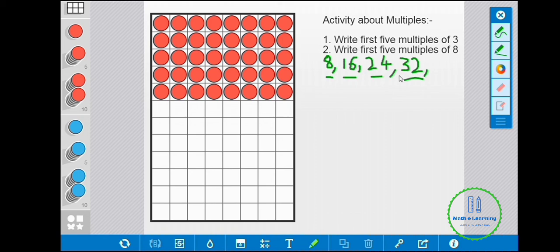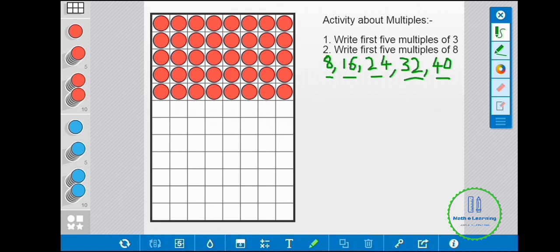So here total number of rows are 5 and total number of columns are 8. So 5 8s are 40. So fifth multiple is 40, right? So the first 5 multiples of 8 are 8, 16, 24, 32 and 40.